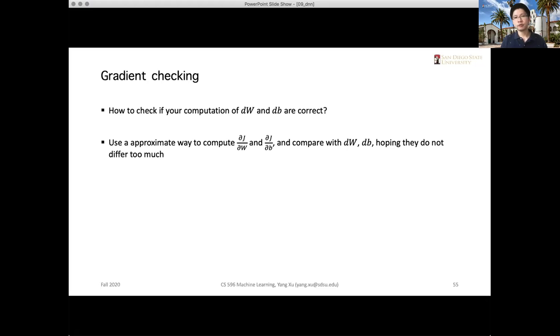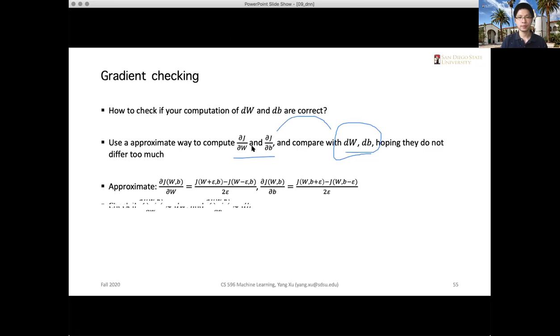We can use a different way to approximate the partial derivatives of the cost function with respect to the parameters W and B, and compare with the dW and dB, which are usually computed automatically or manually by backprop. Hopefully we want to see no big difference between these two quantities.